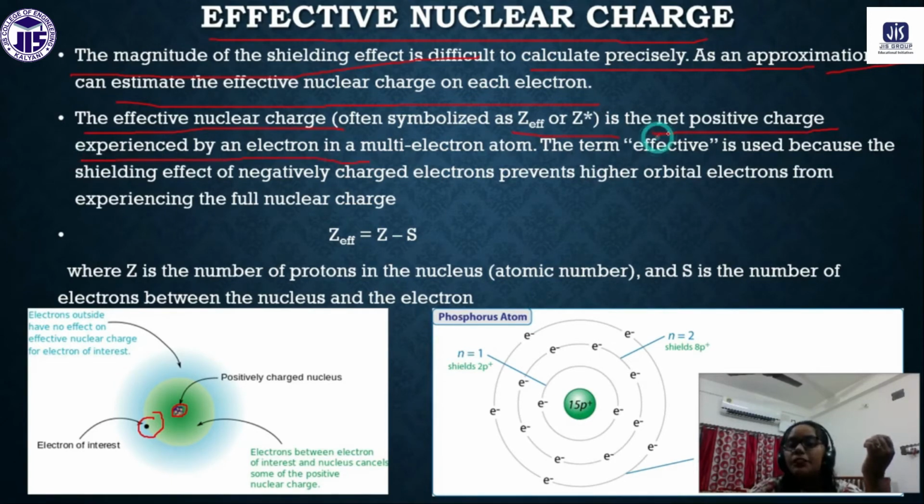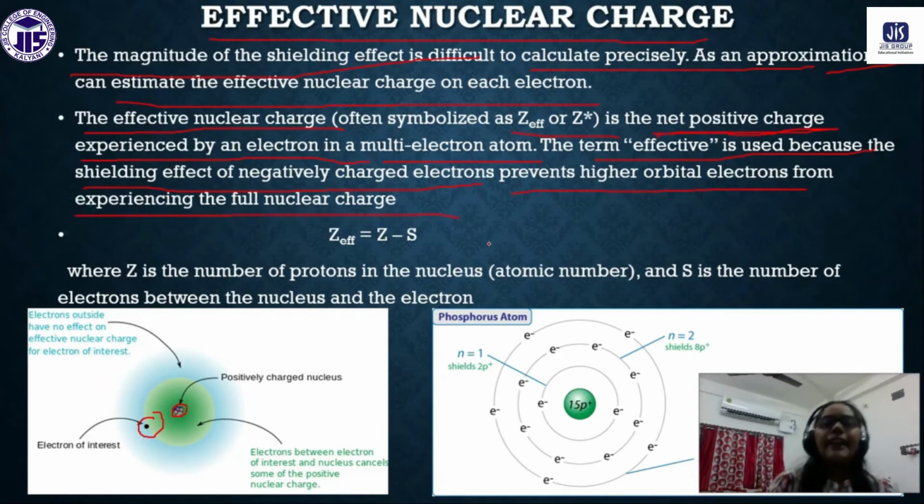Net positive charge. Why net positive charge? Because of the shielding effect, to some extent the attraction force of the nucleus will be lower for the outermost orbital electron. In a multi-electron atom, the term effective is used because the shielding effect of the negatively charged electrons prevents higher orbital electrons from experiencing the full nuclear charge. Exactly.